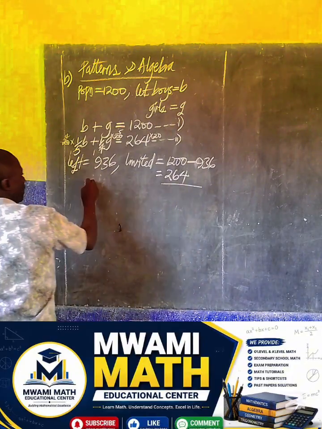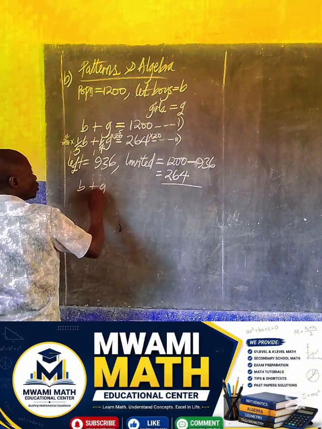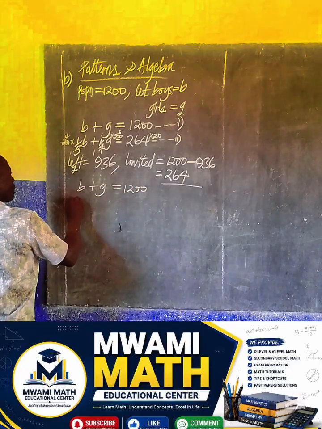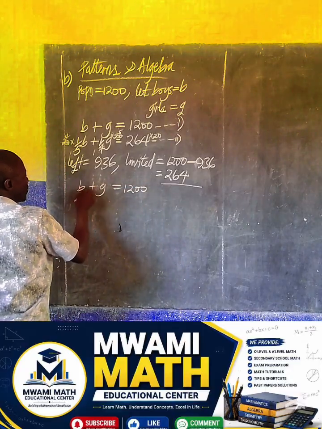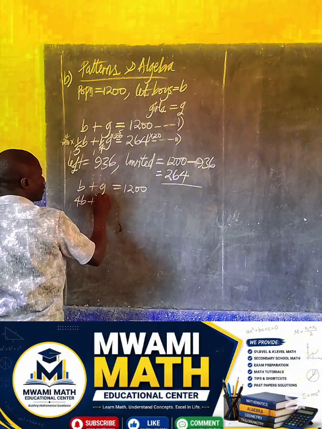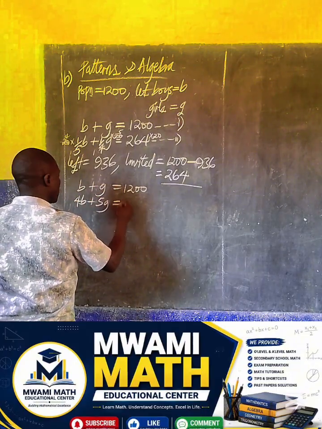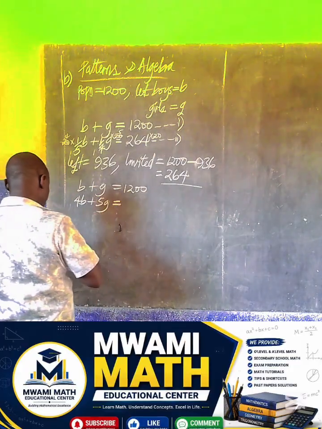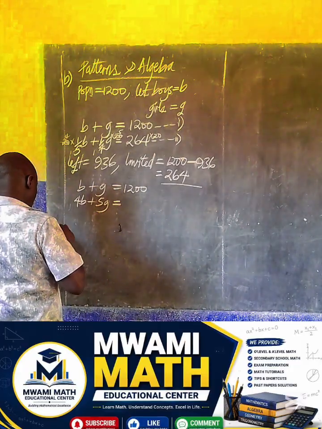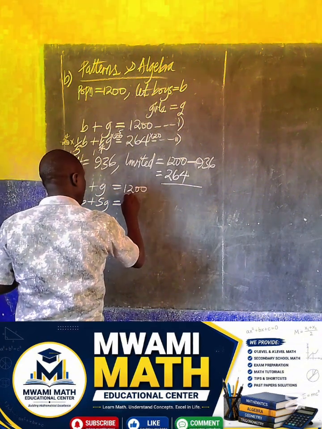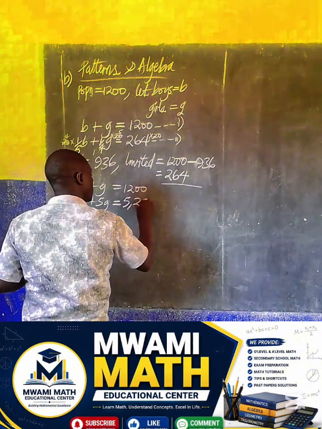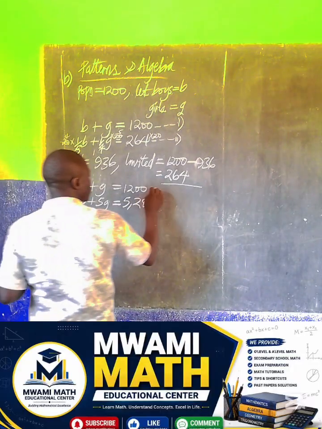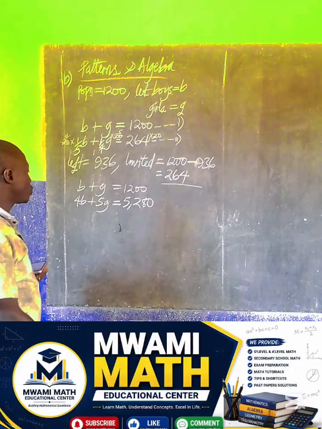B plus G is equal to 1,200. Then 4B plus 5G gives us 5,280. So remember, this is equation 1, this is equation 2.